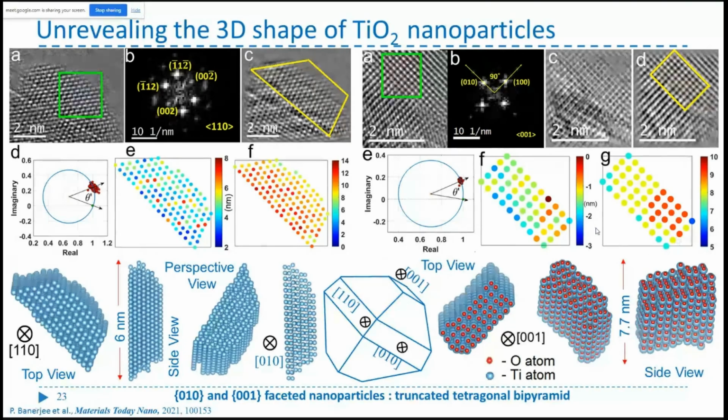And when we took all the data together for TiO2, it is coming out as a truncated tetragonal bipyramid, and this data matches well with the theory developed by Zhang and his co-workers. So that was just about nanoparticles.